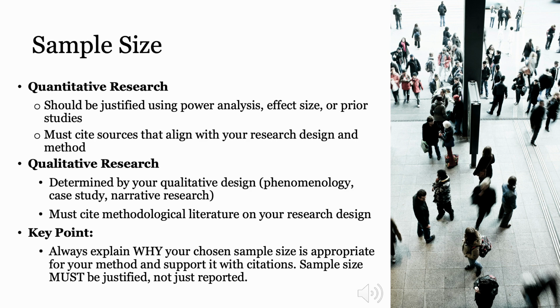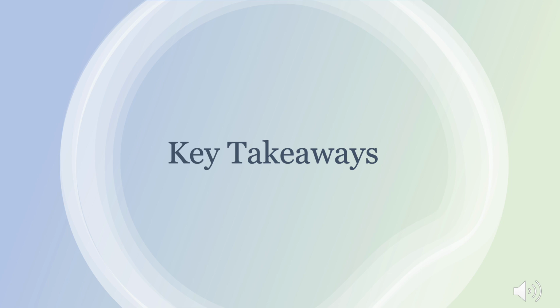In qualitative research, sample size is usually tied to the design, such as case study, narrative, or phenomenological research, and supported with methodological sources. The most important point is to explain why your chosen sample size makes sense for your study and use citations to back it up. To conclude, let's go over a few common mistakes to avoid and practical tips for success.